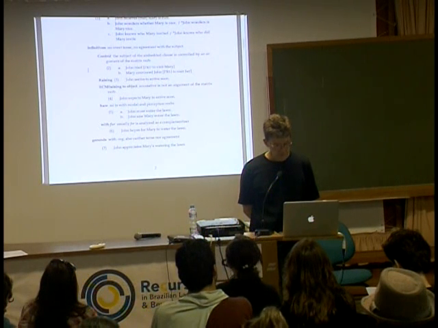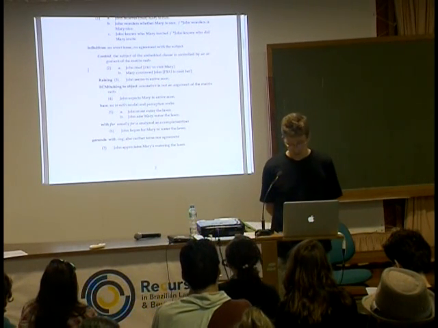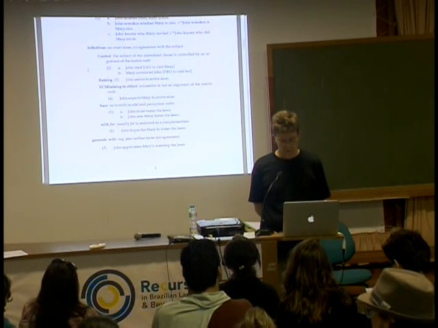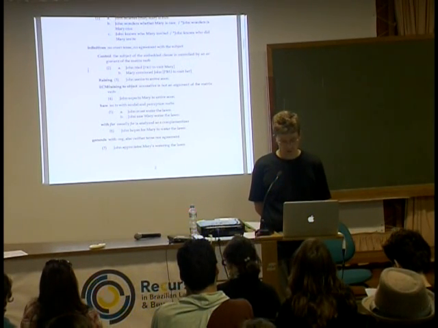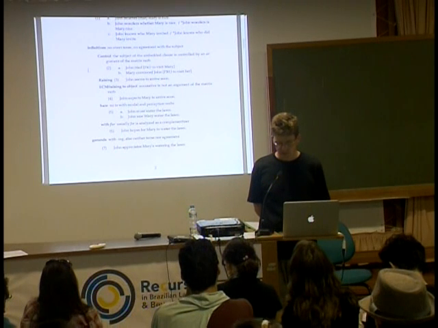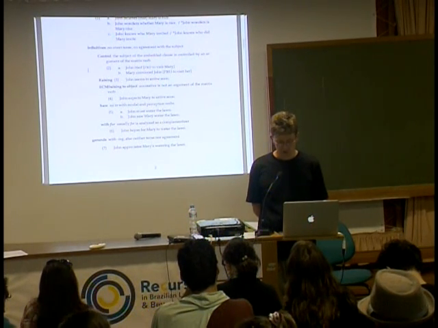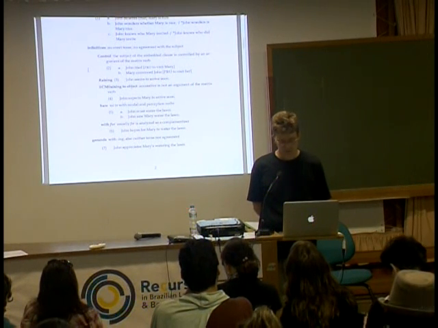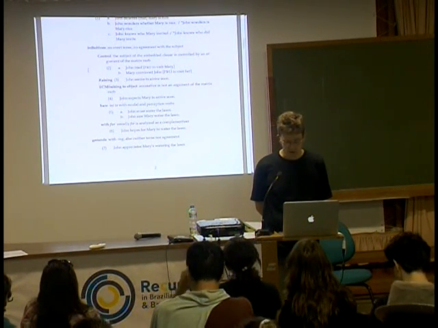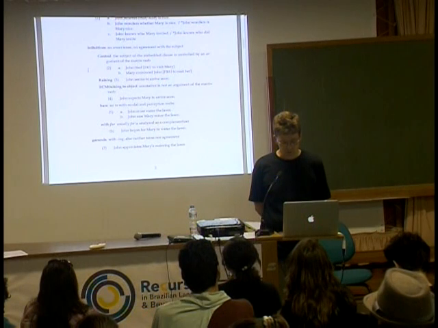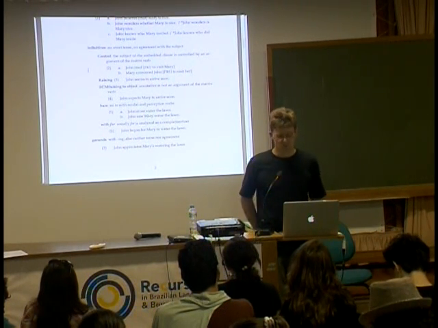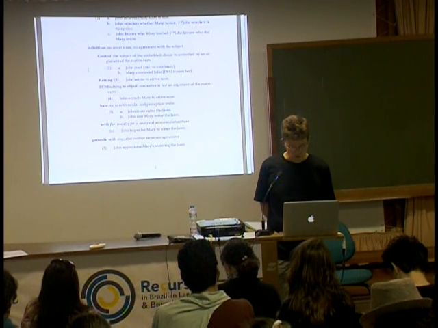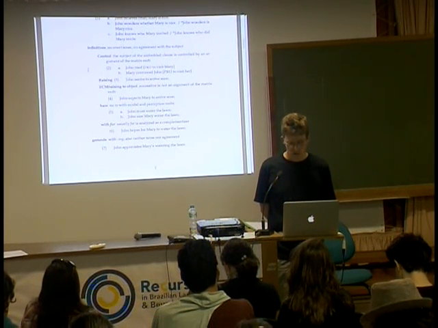There's an argument of the matrix predicate, and there must also be an argument of the embedded predicate, which is now infinitival, and the reference of that is determined by an argument of the matrix predicate. But these are two independent arguments. So you have here John tries to visit Mary.